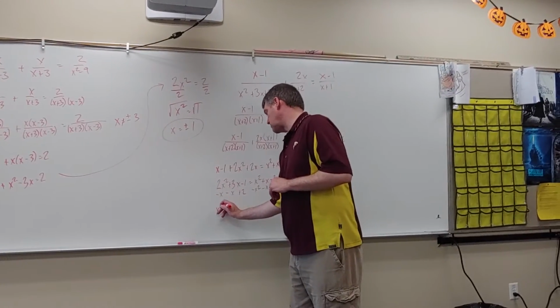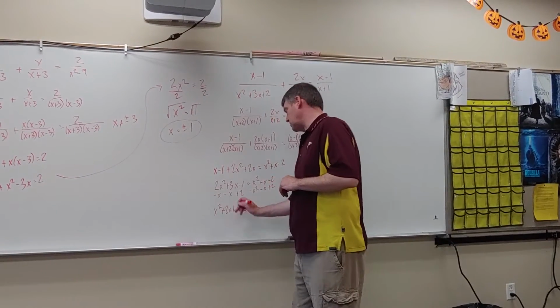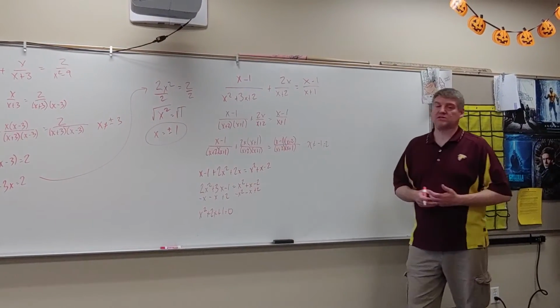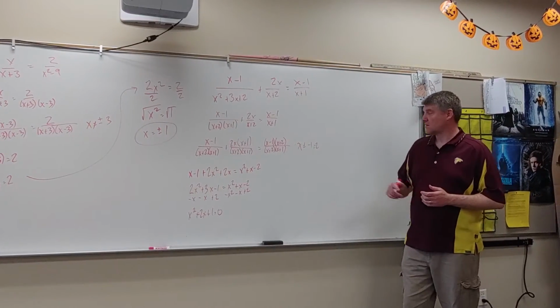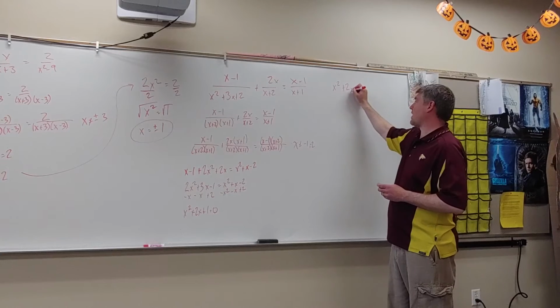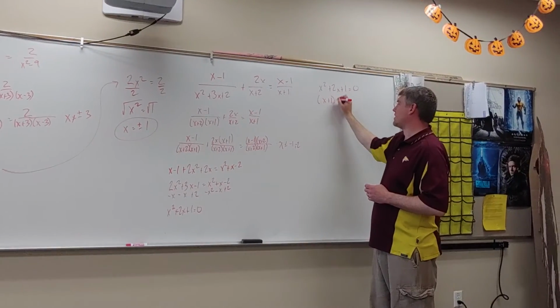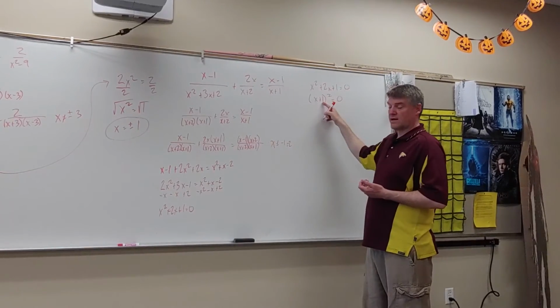This gives me x squared plus 2x plus 1 equals 0. Now I'm going to factor this into x plus 1 squared equals 0.